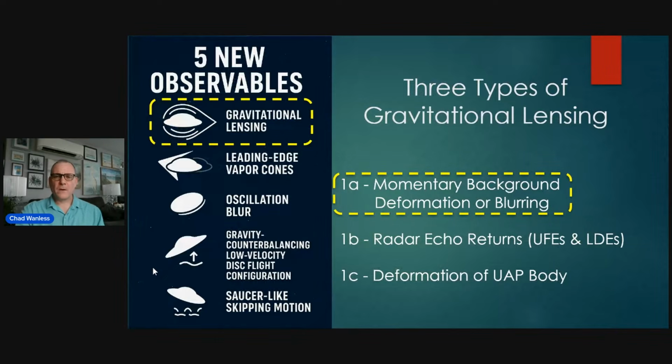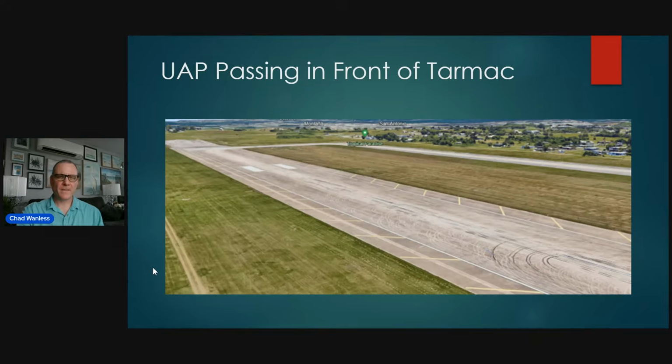All right, there are 3 types of gravitational lensing that I've identified: momentary background deformation, radar return echoes, and deformation of the UAP body themselves. So the Aguadilla UAP video was first identified as having gravitational lensing by Kenneth Knuth, and I found his slides from a presentation back in 2021.